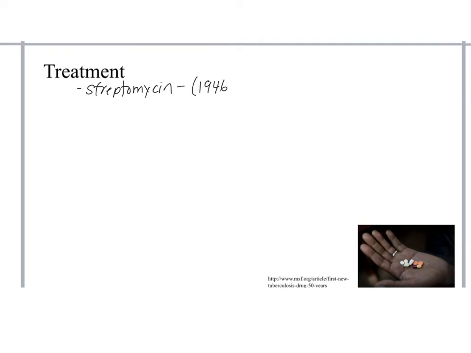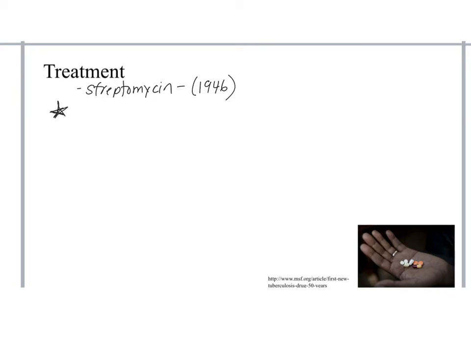Clinical trials were completed in 1946 for streptomycin. Remember, that's an aminoglycoside. Generally, that's no longer effective. If no other drugs are working, then we'll give it a try. But for the most part, my TB organism is resistant to streptomycin.